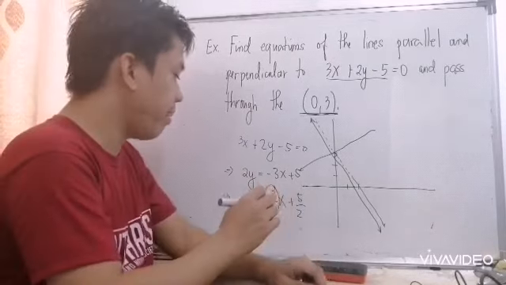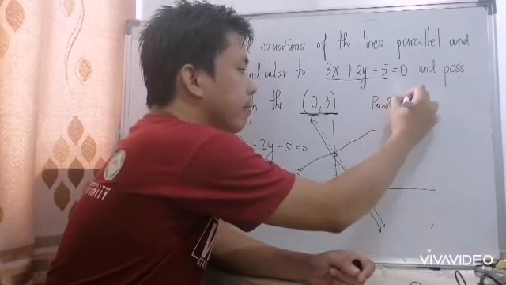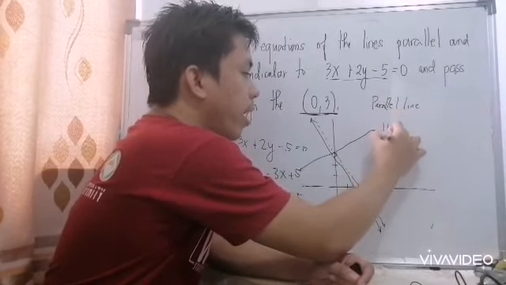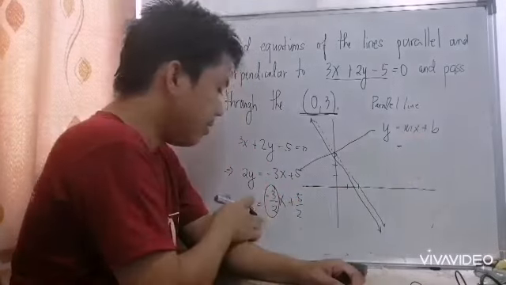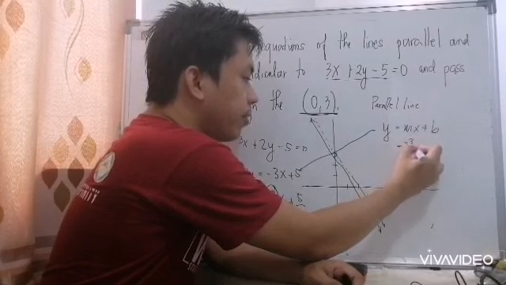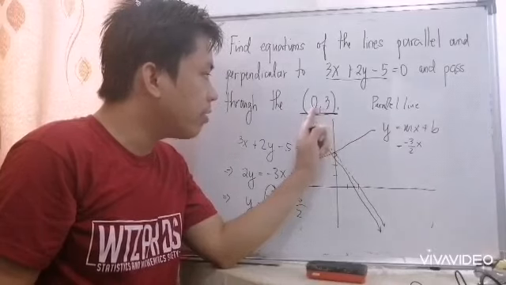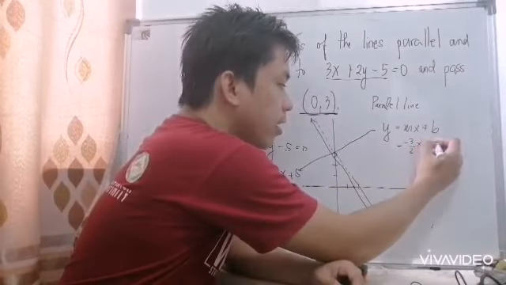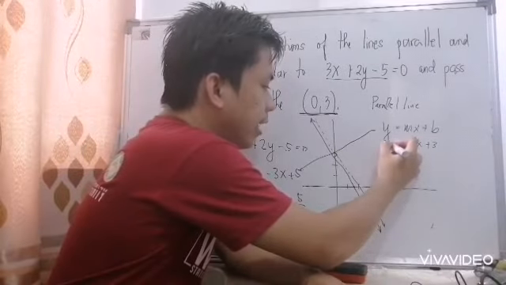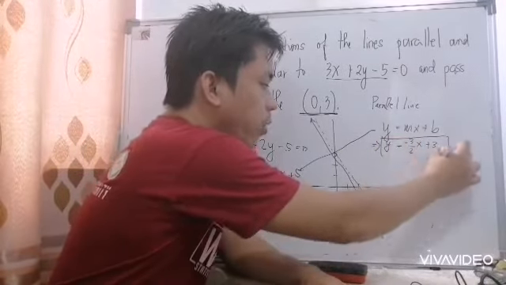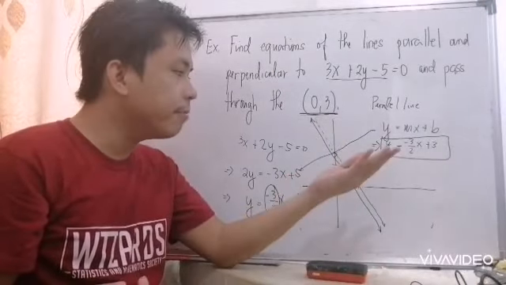So for the parallel line, y equals mx plus b, your m is the same, negative 3 over 2. Our b is already the y-intercept, because x is 0, so plus 3. Therefore, the equation of the line is y equals negative 3 over 2 x plus 3.